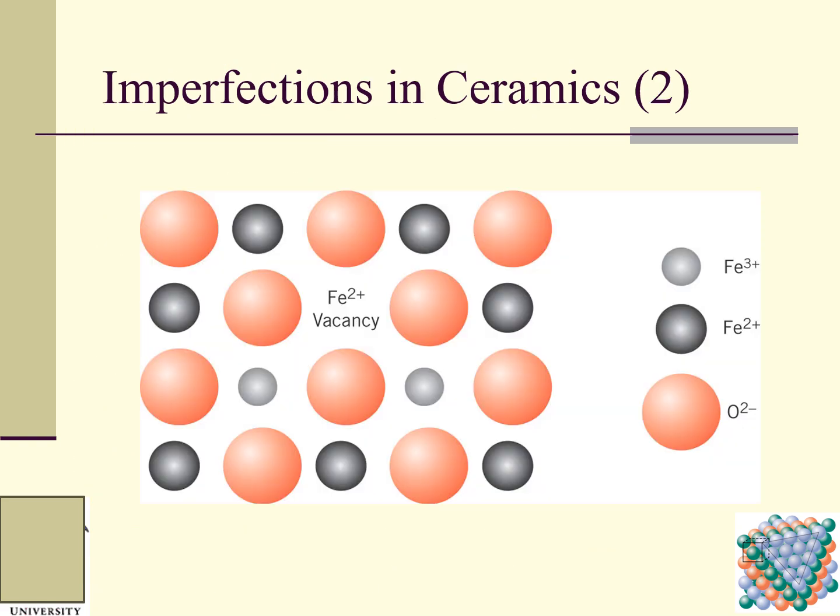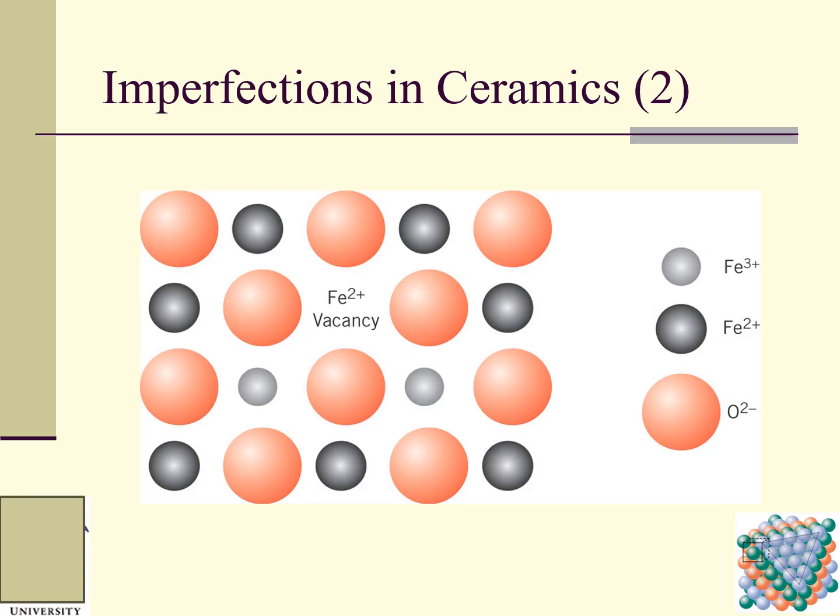Okay, then we take a look at this one, imperfections in ceramics. Now this time, we have Fe3+ and Fe2+, and so these are iron cations. These two have different charges, and both of these ions are iron ions.